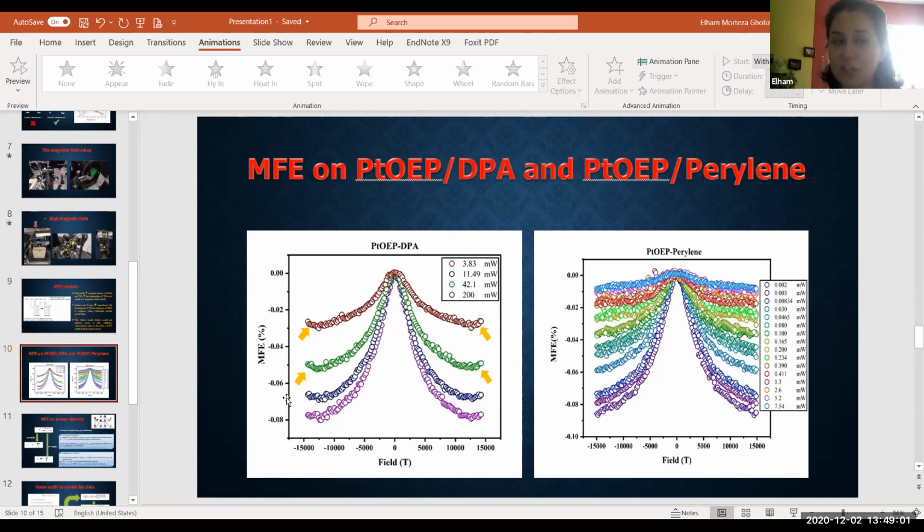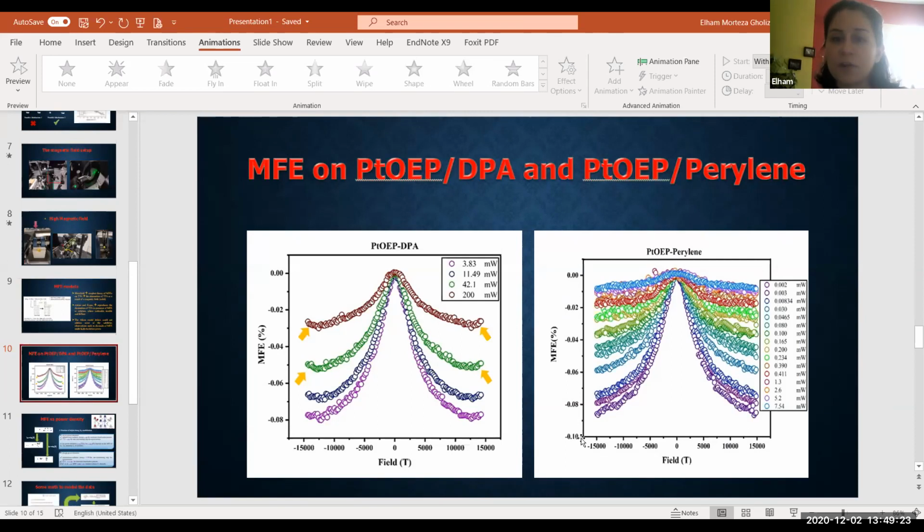But the strange thing is that in some cases, for example DPA, it goes up. It increases again, which people couldn't explain, why it's happening at very high fields. They had an assumption that maybe it's because of the T2 channels.